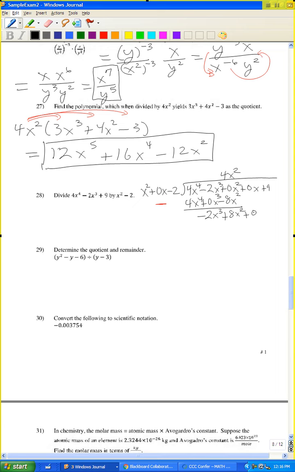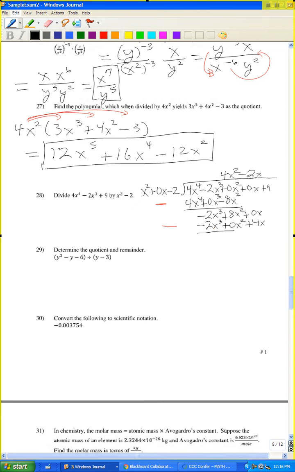Drop down the next term. So they have 3 terms. Negative 2x cubed divided by x squared is a negative 2x. And so you get a negative 2x cubed plus 0x squared plus 4x. Let me subtract.